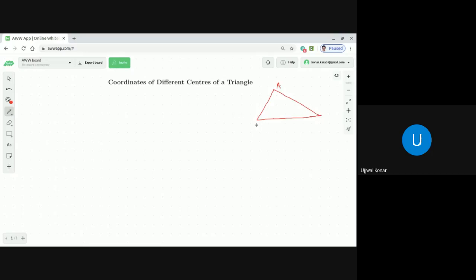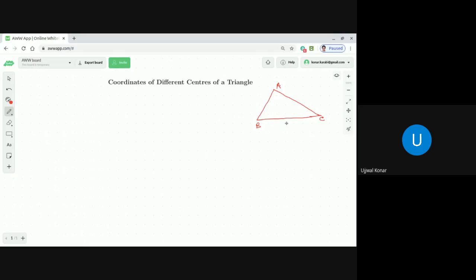If you recall, the convention is that if this is a triangle ABC, then we know there are 6 characteristics. That is, 3 angles and 3 sides. The 3 angles are capital A, capital B, capital C. And the 3 sides are lowercase a, lowercase b, lowercase c.